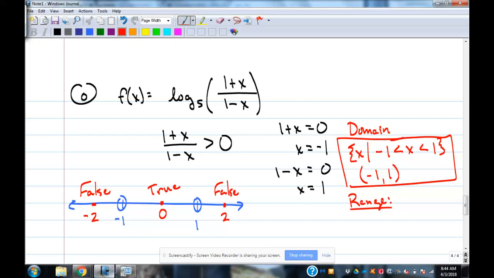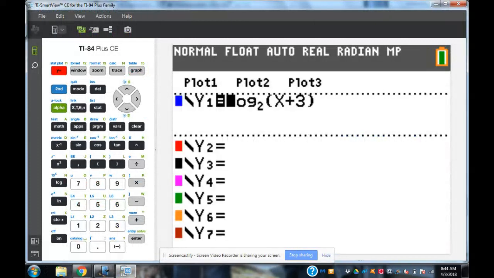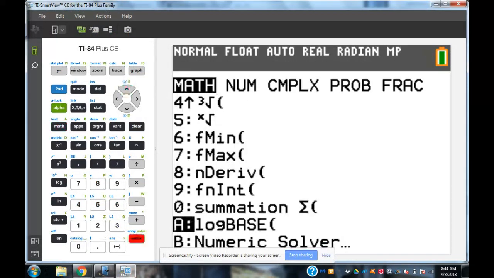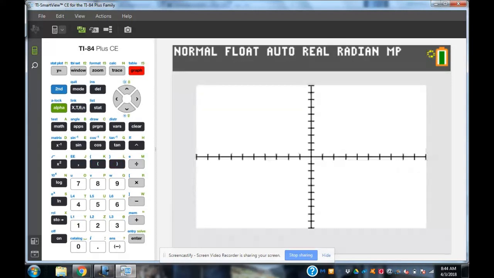Let's glance at the graph of this just to get a good idea of what's going on there. So I'm going to do math, log base 5, parentheses 1 plus x, close parentheses, divided by parentheses 1 minus x, close parentheses, graph. What's the range?